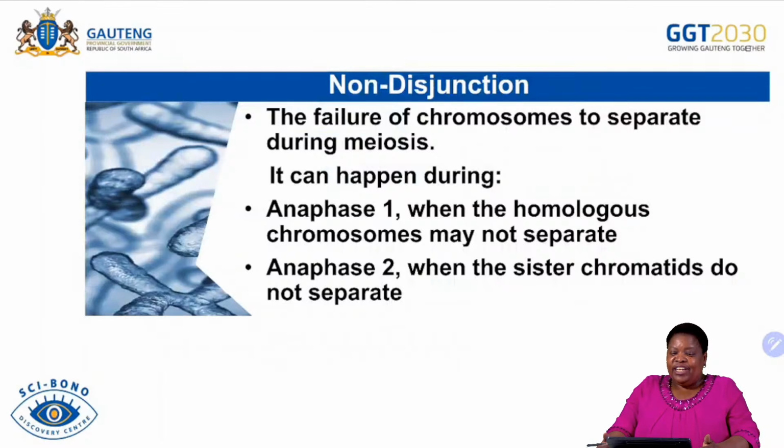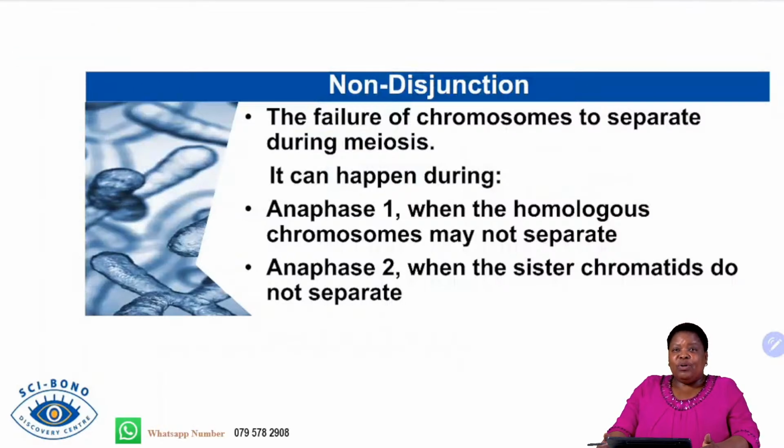Non-disjunction is the failure of chromosomes to separate during meiosis. Immediately when chromosomes fail to separate, you must know that non-disjunction is taking place. Non-disjunction can happen during anaphase 1 as well as in anaphase 2.